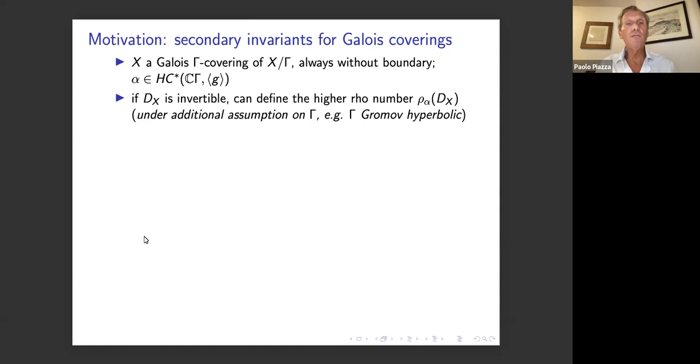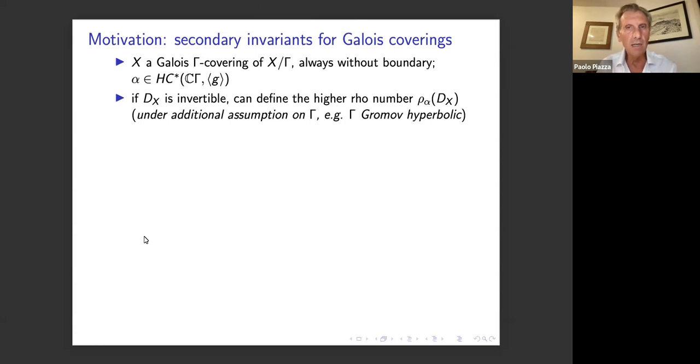Now, if the operator is invertible, and of course, if the operator is invertible, there is no index, the index class will be 0, then we can define higher rho numbers under additional assumptions on the group gamma. So I already maybe talked about this in the noncommutative geometry seminar.